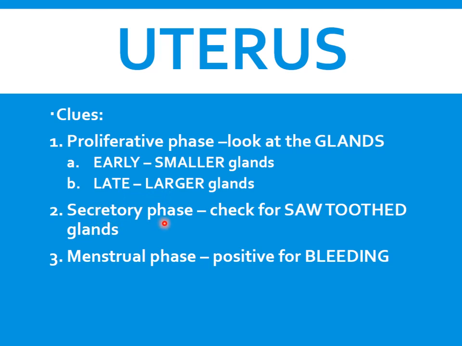Sa secretory phase, check mo yung shape ng mga lumen ng glands. Kailangan sawtooth glands or parang mga corrugation sa lumen. So, mamaya papakita ko yan. And then, sa menstrual phase, mas madali, no? Kasi mas may makikita kang mga bleeding signs dun sa uterus.